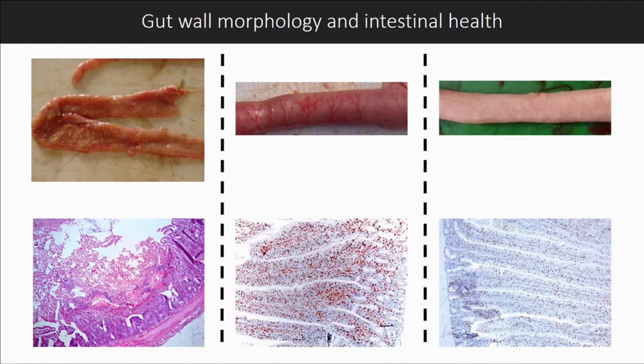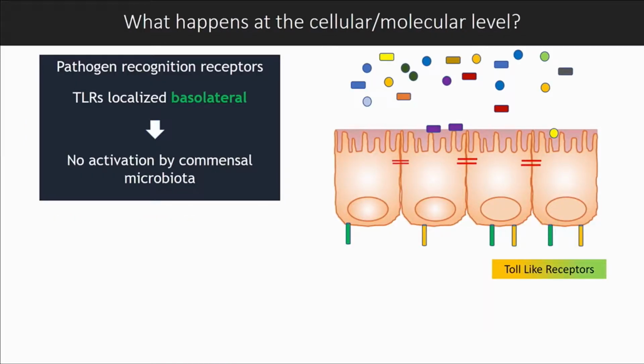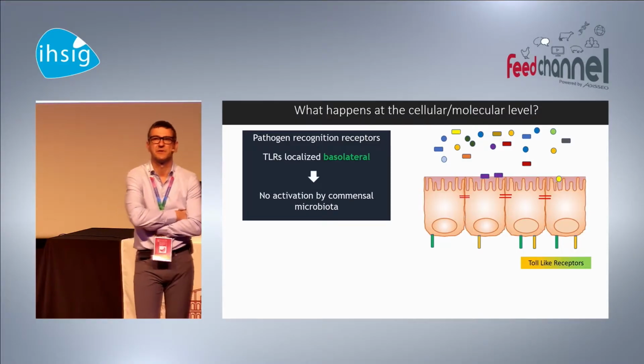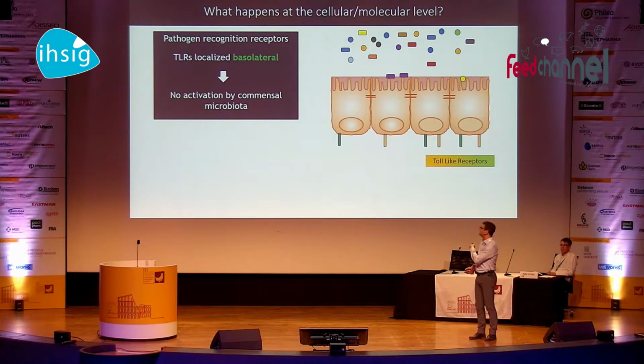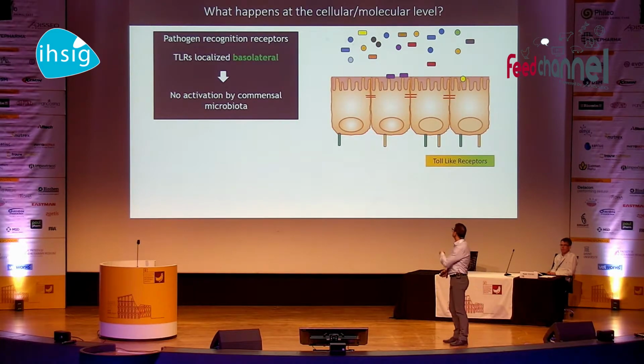So actually, just a little bit of a short molecular explanation of what is actually going on. If you have gut inflammation, that basically means that there will be some disturbance in intestinal integrity. So this is actually the normal situation. All these dots here, these are bacteria with different colors, different genera, different species, different families, whatever.